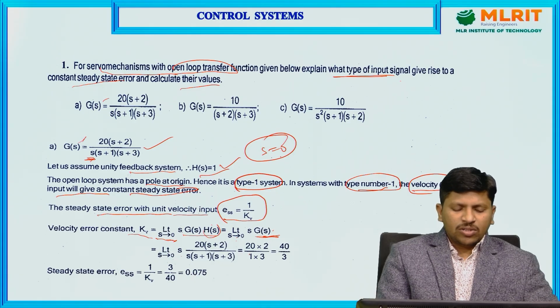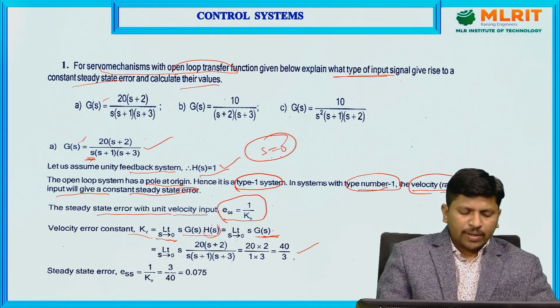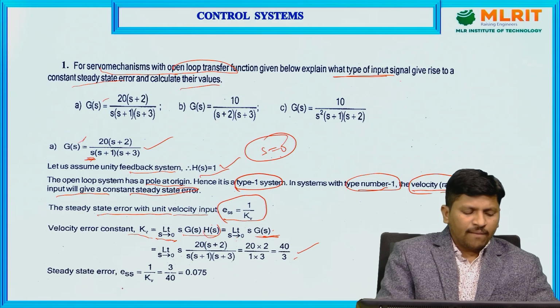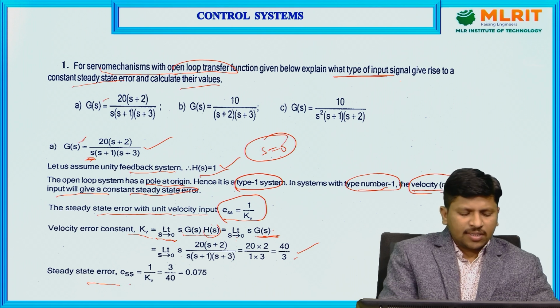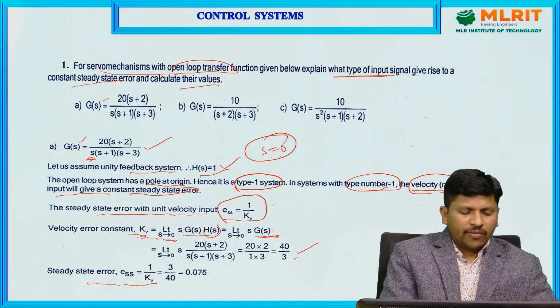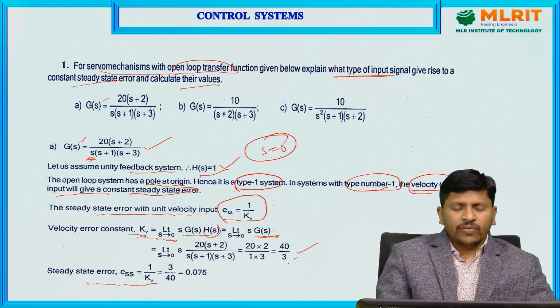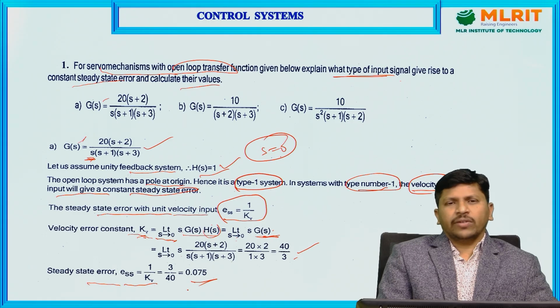That equals 20 into 2 divided by 1 into 3, that is 40 by 3. The steady state error is ESS equals 1 by Kv, where Kv is the velocity error constant with value 40 by 3. Substituting, you will get 0.075.